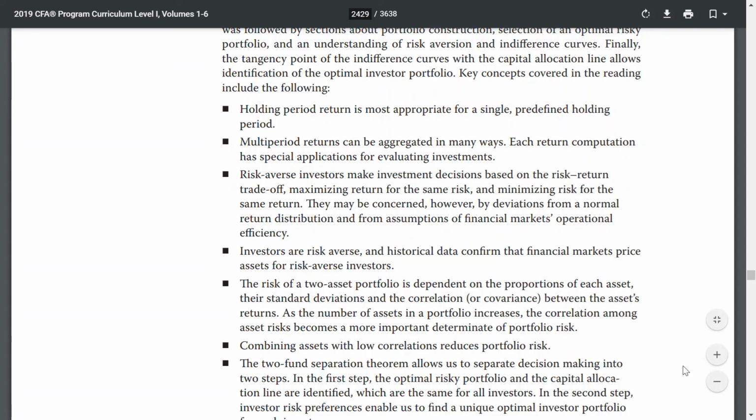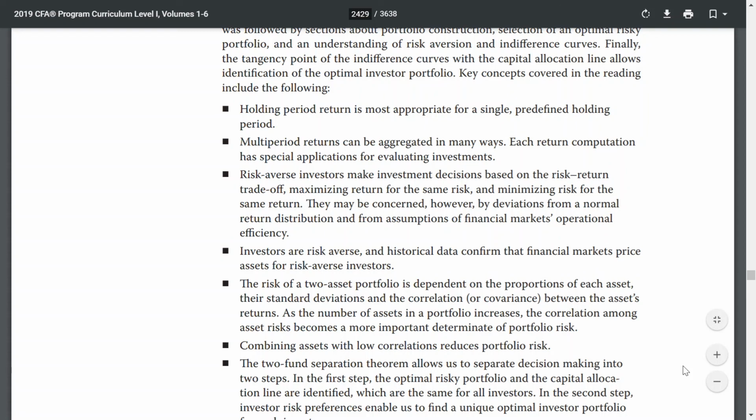Risk-averse investors make investment decisions based on the risk-return trade-off, maximizing returns for the same risk and minimizing risk for the same returns. They may be concerned, however, by deviations from a normal return distribution and from assumptions of financial markets' operational efficiency.